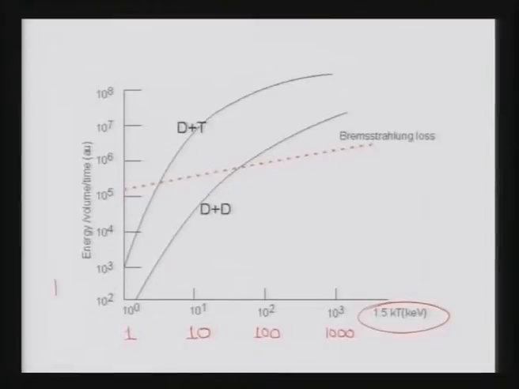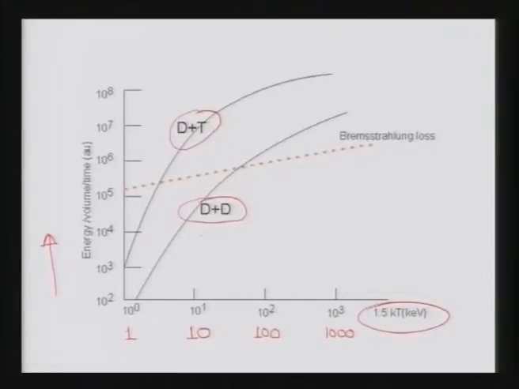On this side we have two quantities plotted. One is the rate at which energy is being produced in fusion, and that is for D plus T this black curve here, and for D plus D this black curve here. So, at these energies, around 10 keV, D plus T is, for a given concentration, larger than D plus D, that is one thing.